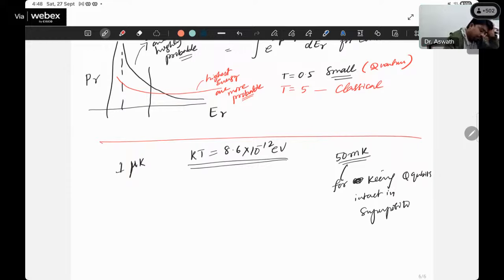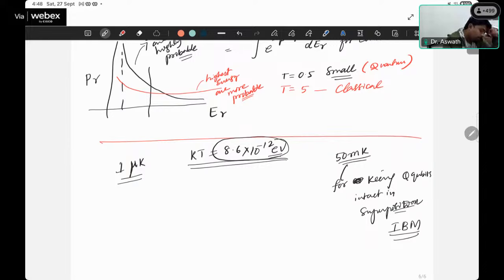That is what is being done by IBM in their quantum computers: a few millikelvins, at least 50 millikelvin. Now you are talking about much smaller than that, 1 microkelvin, and this energy is much smaller. That means this energy is not sufficient.